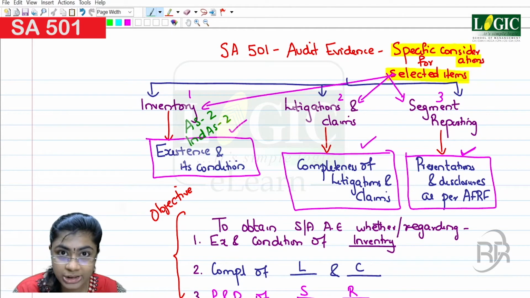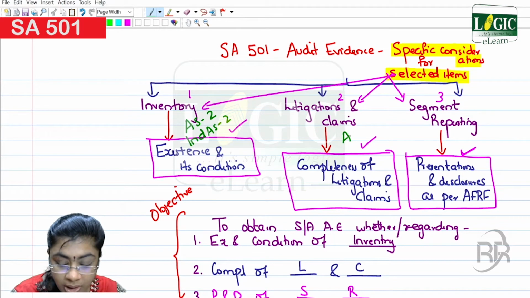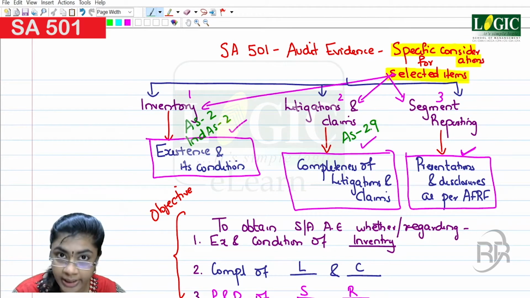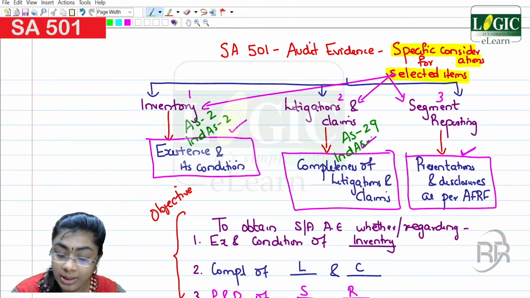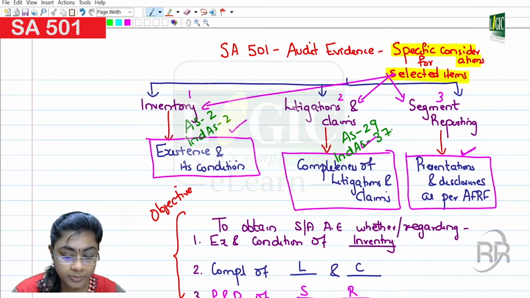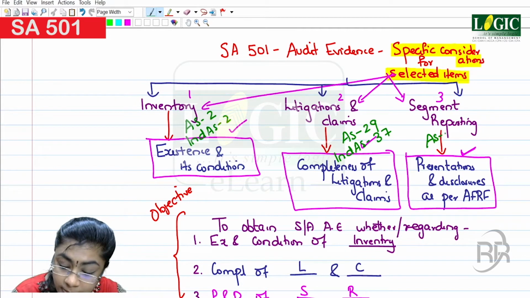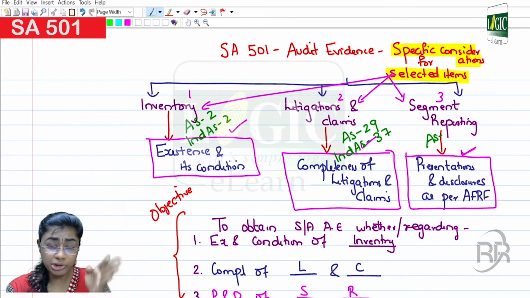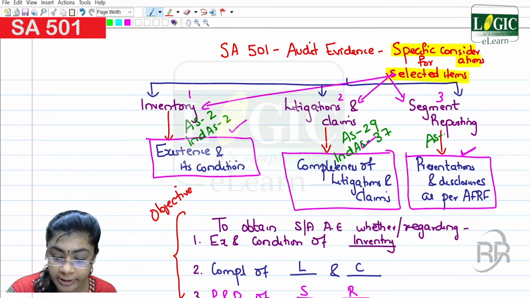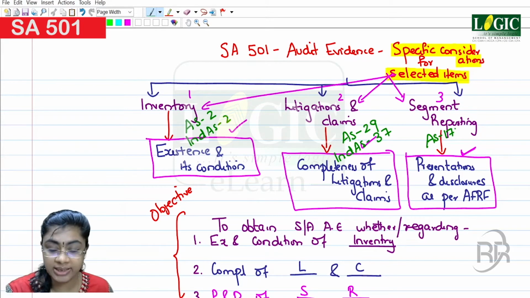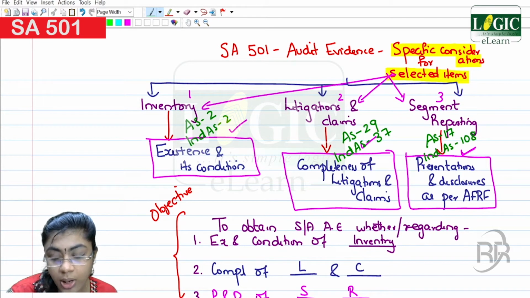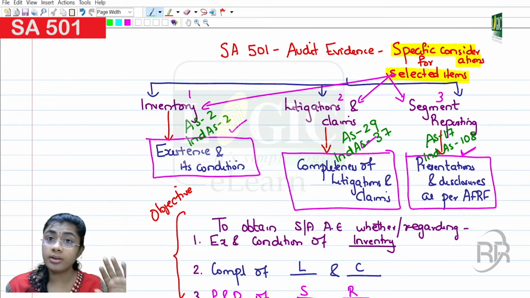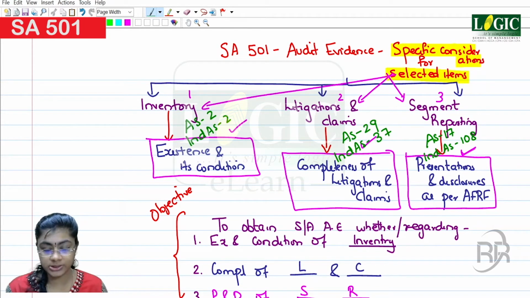Regarding the litigation and claims, provisions, contingent liabilities, you have AS 29 as well as, come on, tell me the Ind AS. Ind AS 37. Regarding segment reporting, geographical segment, business segment, you have AS 17, Ind AS 108. That is only for your reference.